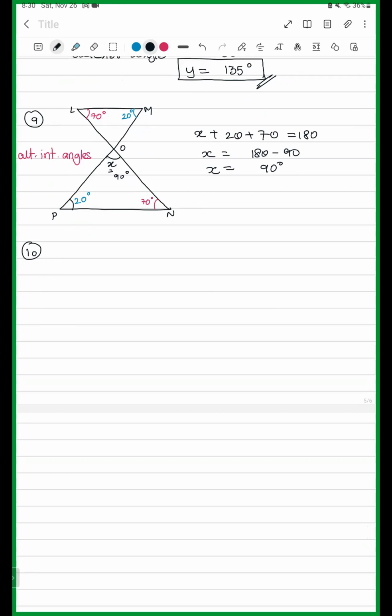Shall we move on? Okay, yeah. So the 10th question, the triangle is like this, and this line, more like a ray, is parallel to, oh, and we have one over here also.